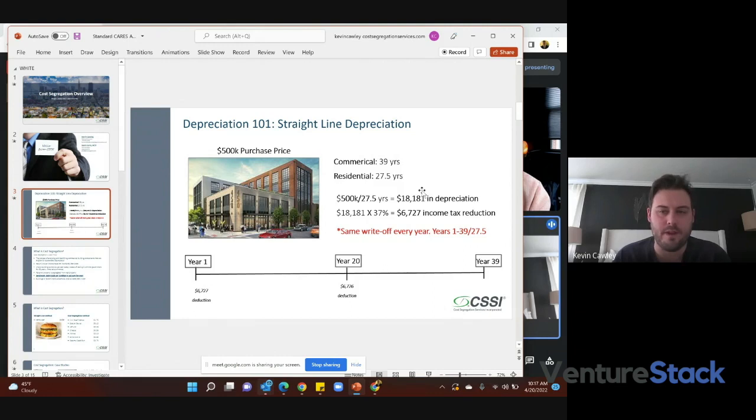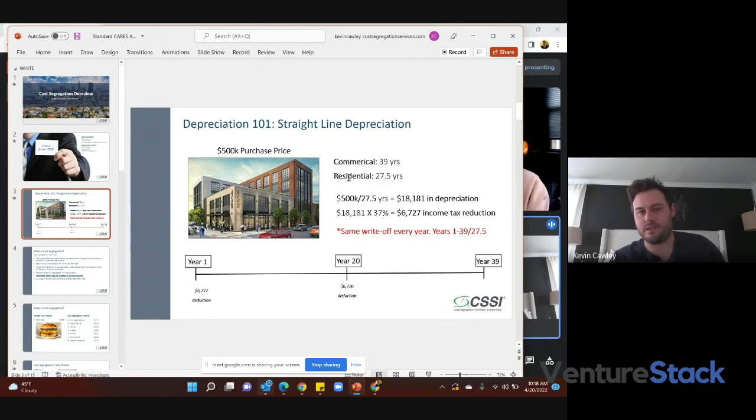The IRS stipulates commercial buildings depreciate over 39 years, residential over 27 and a half years. Let's say I bought a residential property for 500K. The IRS asks, what kind of building is it? It's a residential building, so they take the 500K and divide it by the asset class.